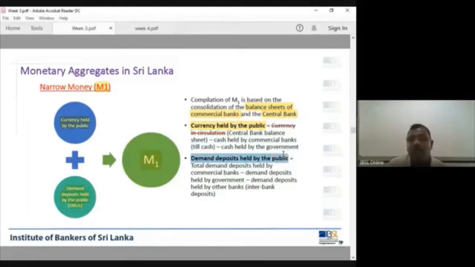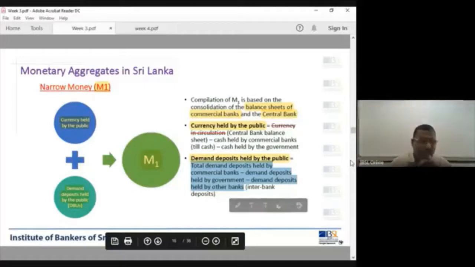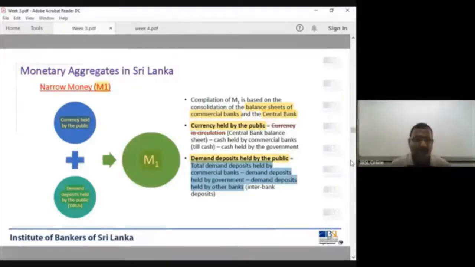The second component, demand deposits held by the public, there you don't need to worry about, because it's broadly what we give in the exam. You don't need to make any adjustment, because if you do it theoretically, there should be some adjustments, because interbank deposits have to be adjusted.